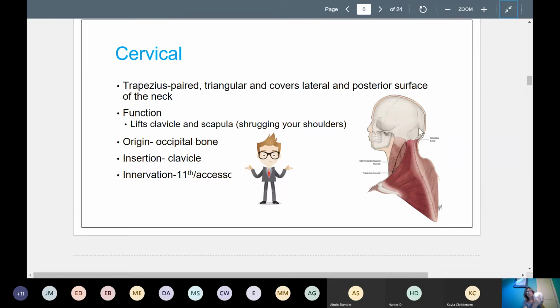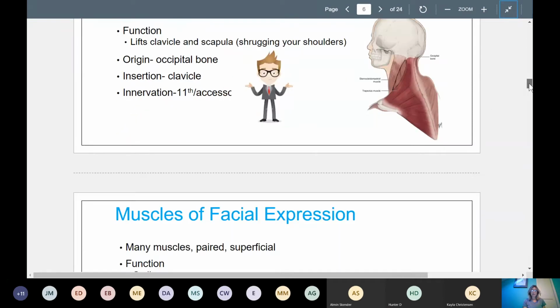It's this rounded bone area right here. And then its insertion is in the clavicle, right here in the neck area. And the innervation is the 11th or accessory nerve.